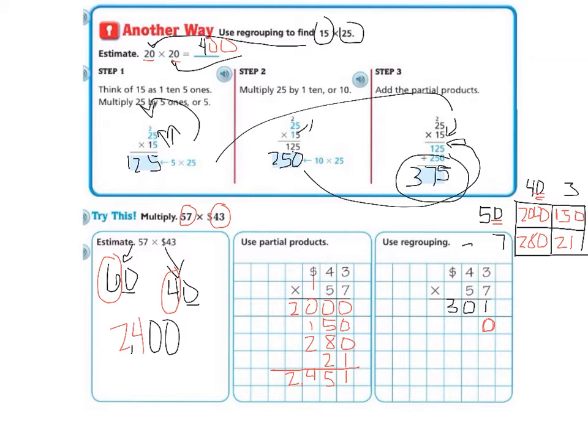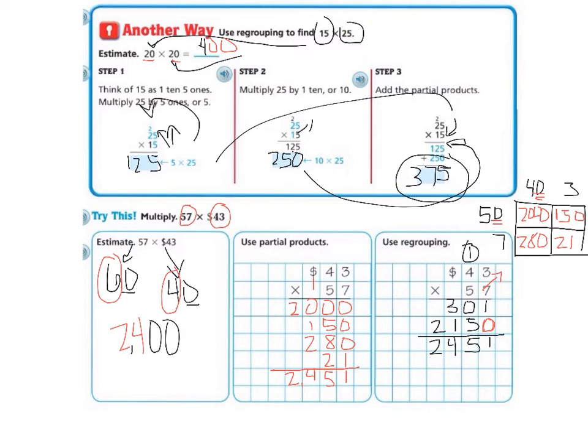And now I'm going to multiply everything by the 5. So I'm going to go 5 times 3 is 15. So the 1 goes on top and the 5 goes underneath. 5 times 4 is 20, but I have to count this 1. So that's 21. And then I'm going to add 0 plus 1 is 1. 5 plus 0 is 5. 3 plus 1 is 4.